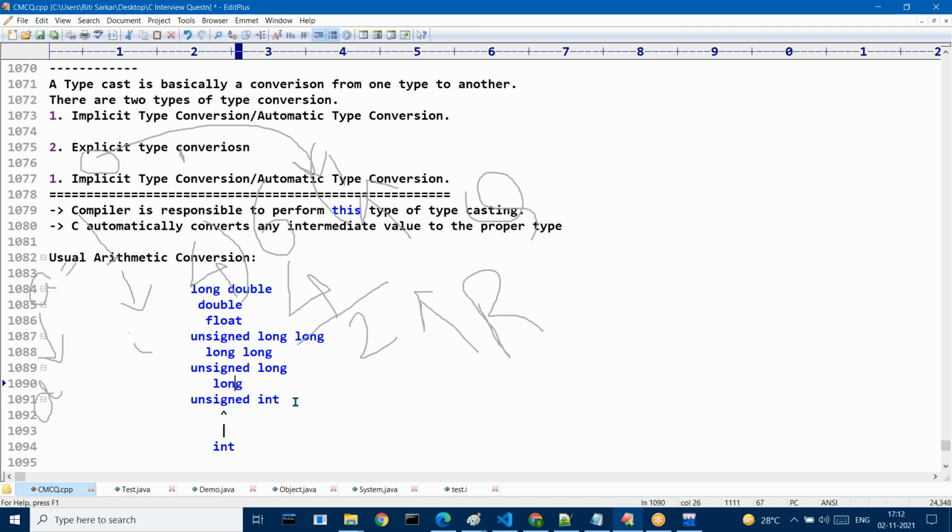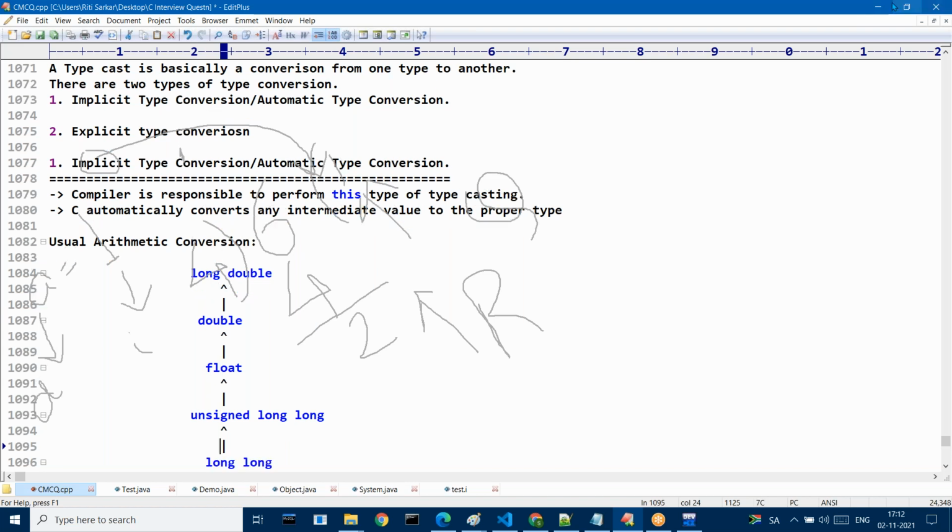Similarly, unsigned int will be automatically converted to long, that will be converted to unsigned long, that will be converted to long long, that will be converted to unsigned long long, that to float. Float will be converted to double. These things you don't have to do anything. Implicit, it will happen. That's why it is called automatic typecasting.